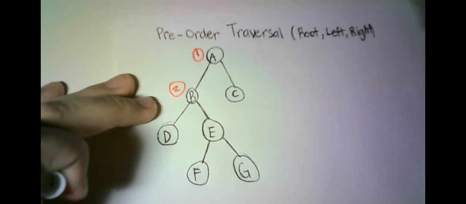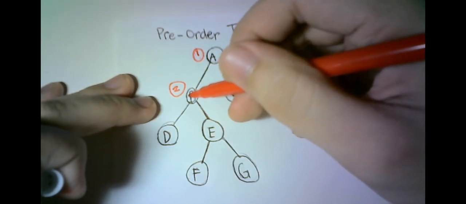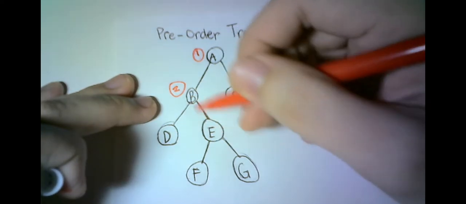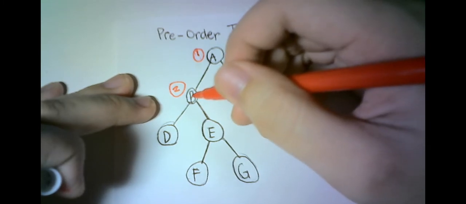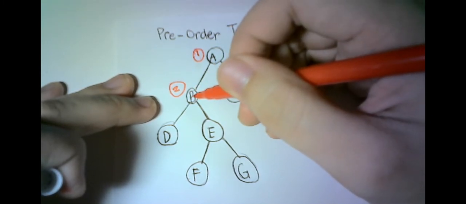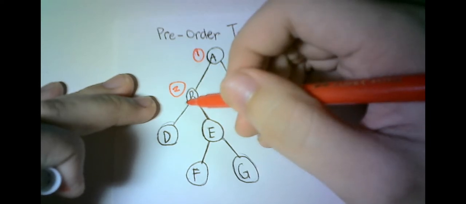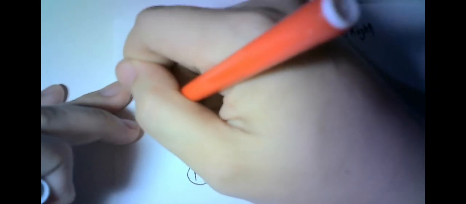Next we should go to the right? But since B here is a parent node, it has children nodes, so in this triangle, B is the parent node, the top, the root node. So what happens here is you go to the left node, so D here is next.